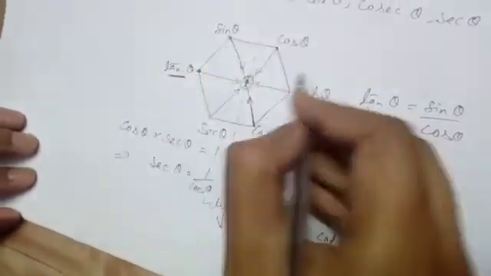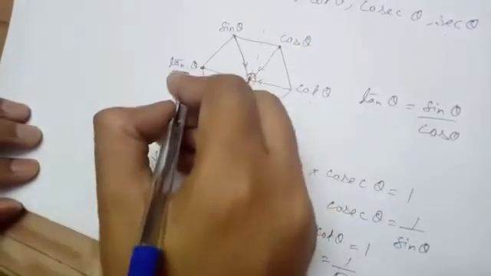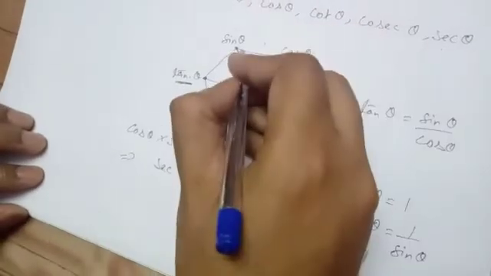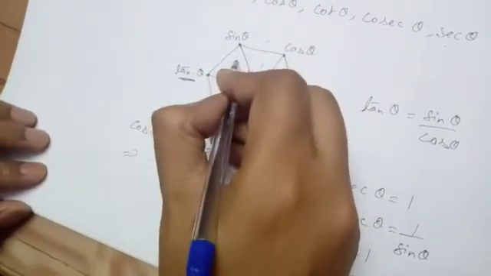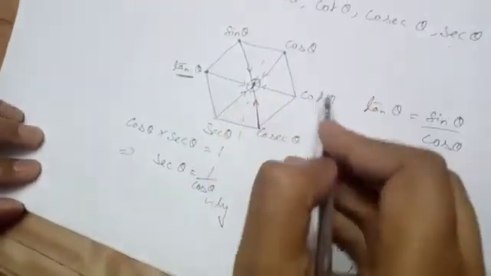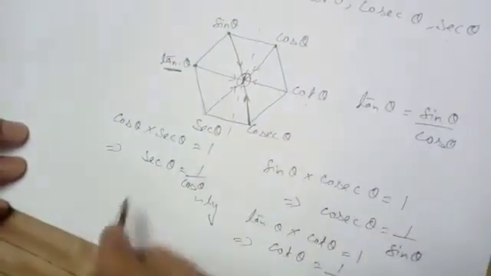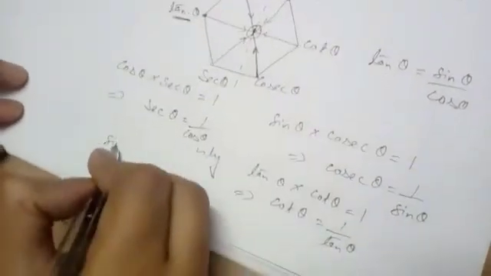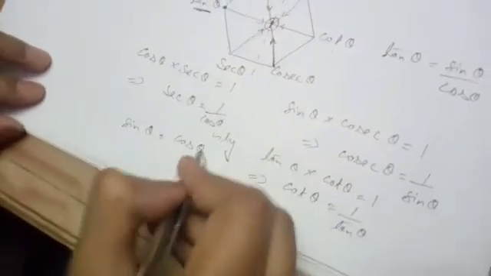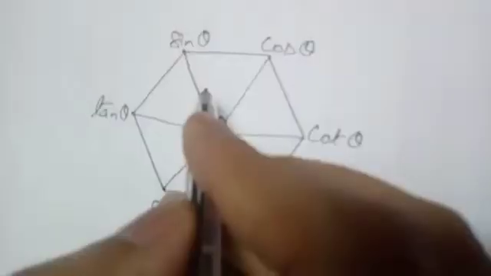If we write sin theta by cos theta, it will give you tan theta. Next, if we move towards sin theta, then it will be equal to cos theta by cot theta. Similarly, we can find more ways to find the other trigonometric ratios.